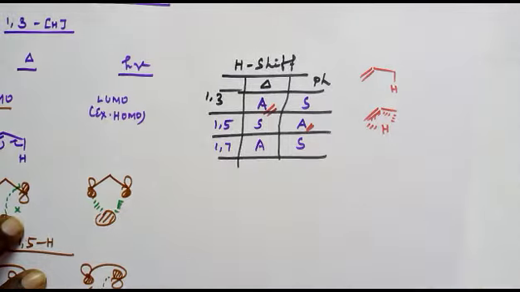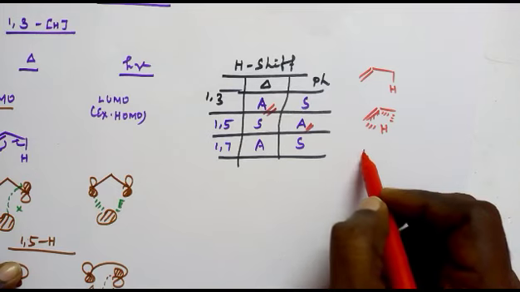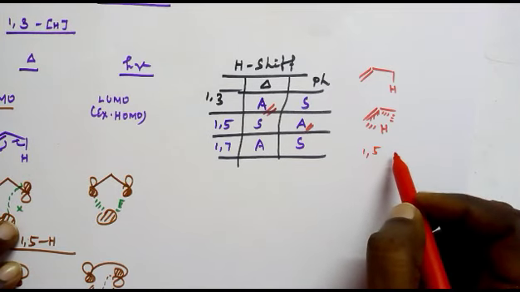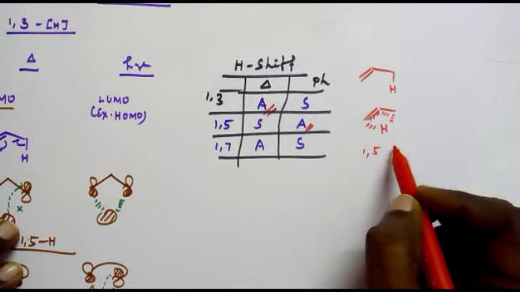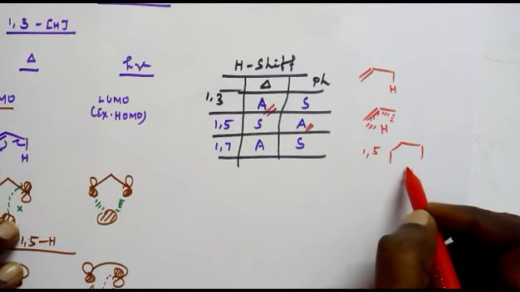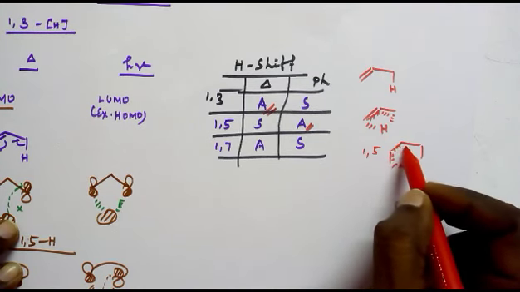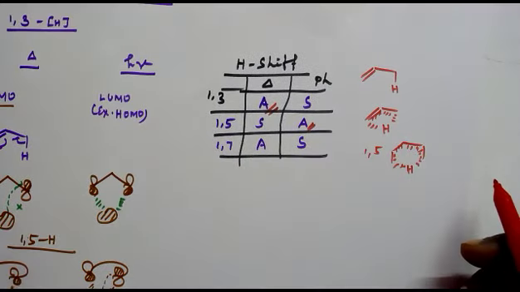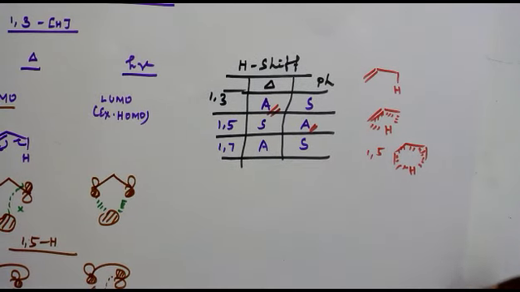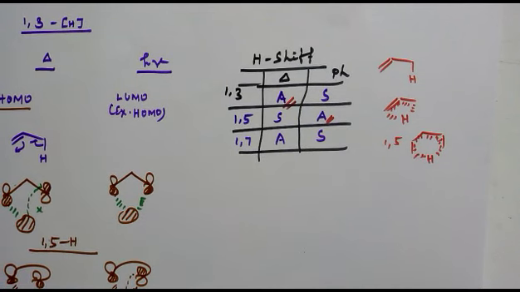Similarly, 1,5 goes through a 6-membered cyclic transition state. So 4-membered and 6-membered are both small rings. Antarafacial overlap is not allowed for small rings because it is geometry forbidden.